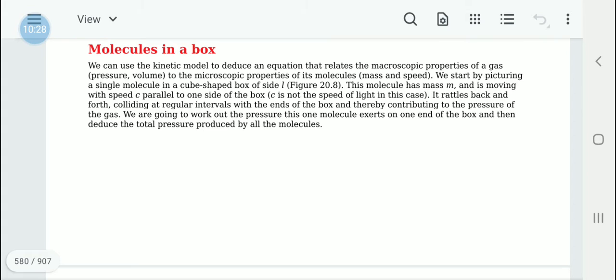So now we use this kinetic model to get an equation that relates the macroscopic properties, the pressure and volume, to microscopic properties of the molecules, mass and speed. What we do is we take a single molecule in a cube shaped box of side L. This is an assumption and a theoretical measurement.